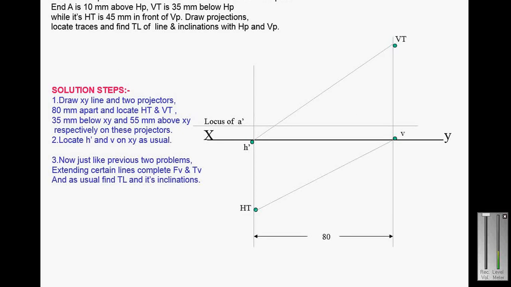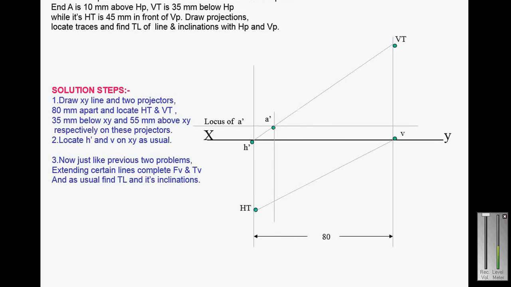And then draw the locus of A dash. We know that A dash will be 10 millimeter above HP, so I draw the locus of A dash, and that locus will touch the line H dash VT at this point, which is A dash.